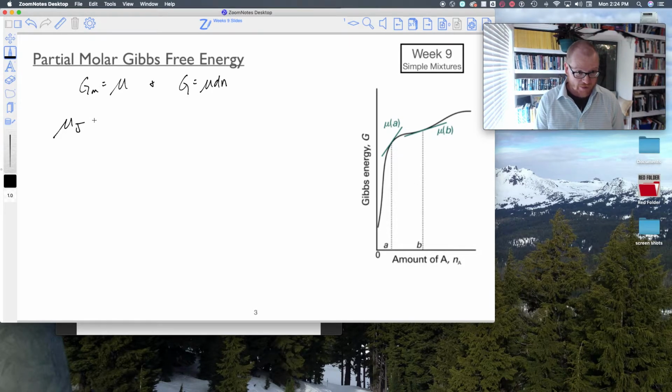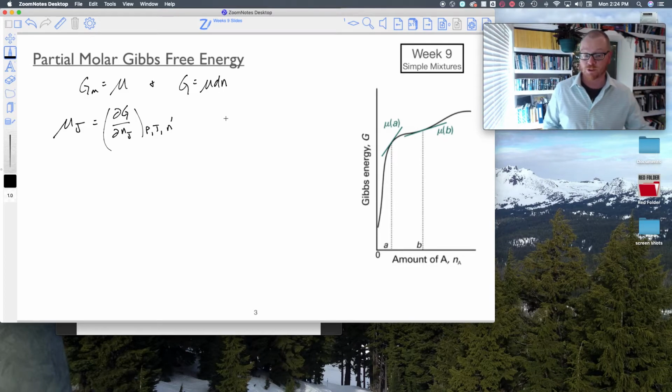So just plain chemical potential of species J, whatever it is, water, ethanol, whatever you want, is the partial of G with respect to the partial of the number of moles of species J. And of course, that's all at constant pressure, constant temperature, and assuming that the other component is at constant number of moles as well, okay?